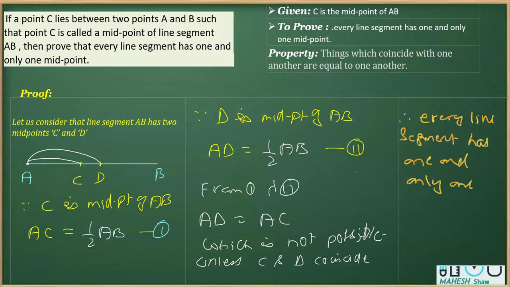Only one midpoint possible. As you can see, the lengths of AD and AC cannot be equal, right? This AC and this AD cannot be equal if there are 2 different points in a straight line. This is the statement you have to write before ending this question.